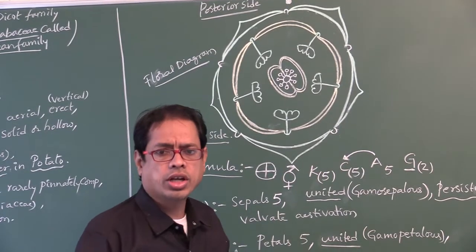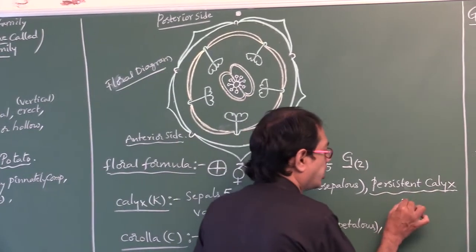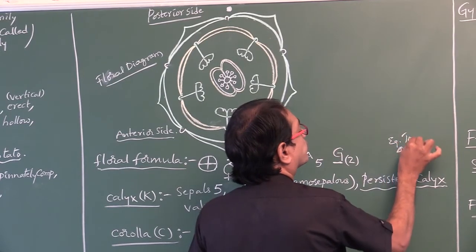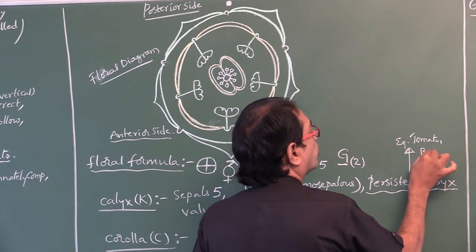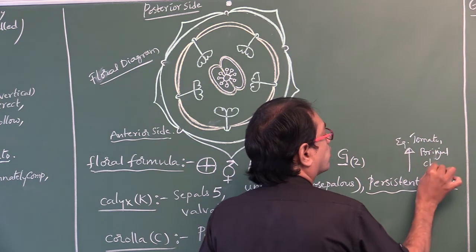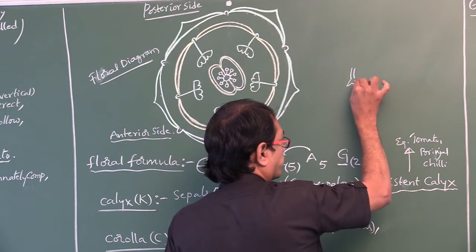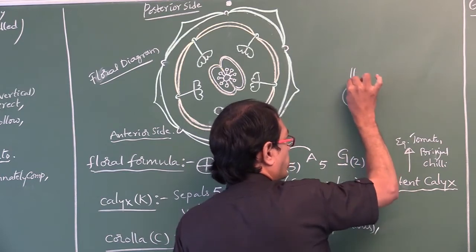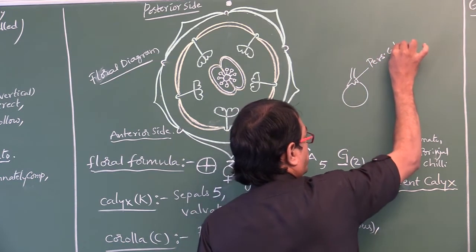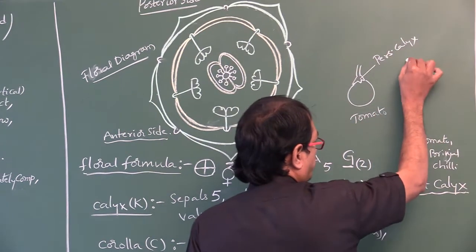But in the Solanaceae family, a persistent calyx is found. Persistent calyx means, let us suppose examples: tomato, brinjal, chili.